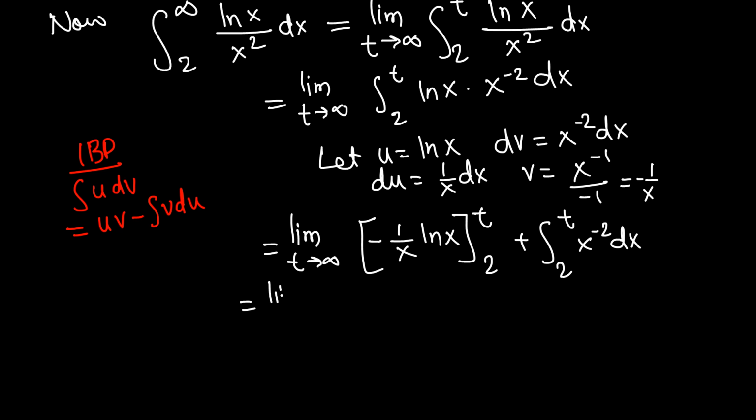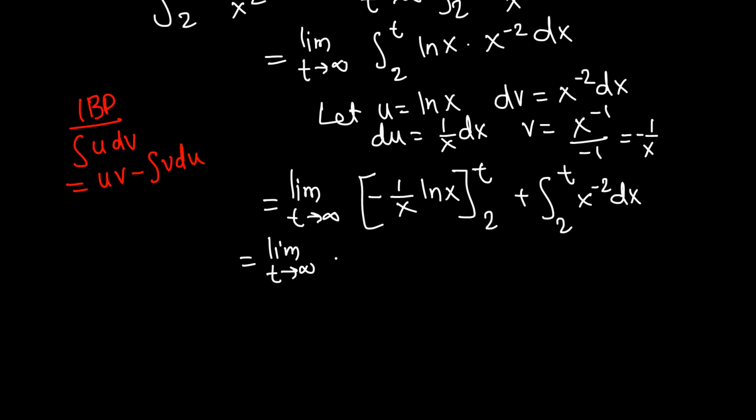Let's compute this as t goes to infinity. Upper limit means replace x by t, so negative 1 over t natural log of t, minus replace x by 2. The minus makes it plus 1 over 2 natural log of 2. By the way, natural log of 2 is a decimal number, just a constant.